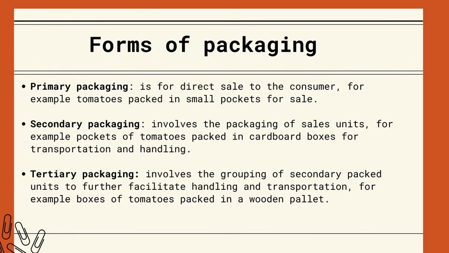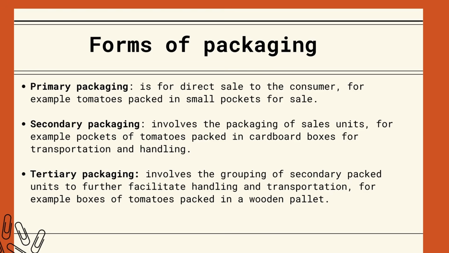So when we look at the primary packaging, this is the direct sell to the consumers. For example, tomatoes are packed in small packets for sale. However, with secondary packaging, this involves the packaging of sales units.